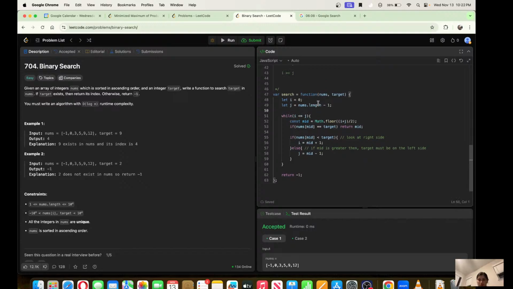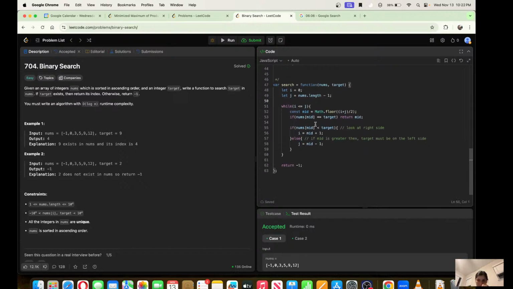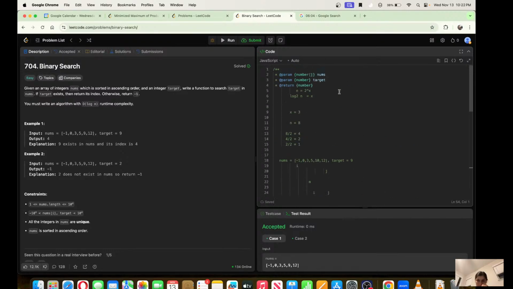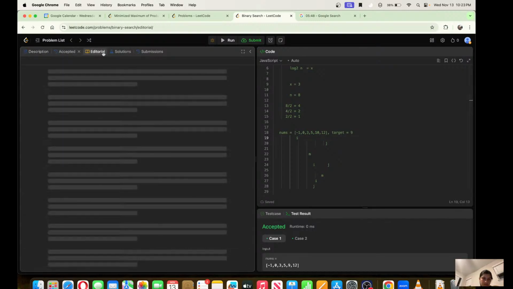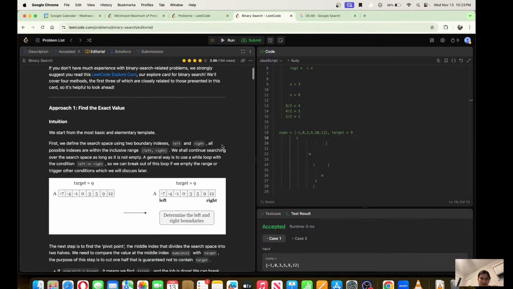Because right here this might be the case. i and j might be on the same number, and then that might be the search space. Yeah, I still have 5 minutes.